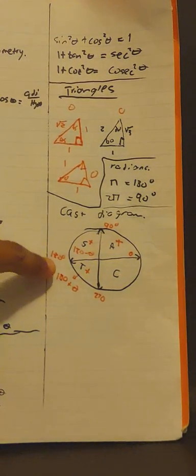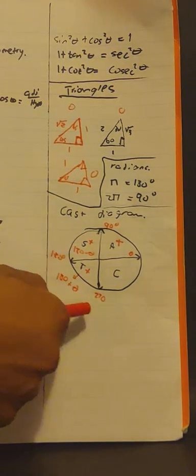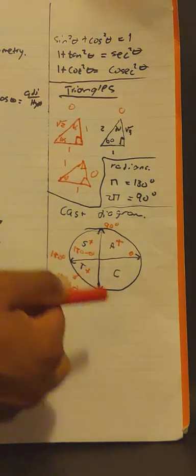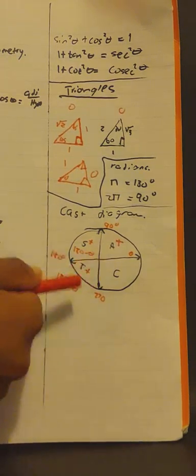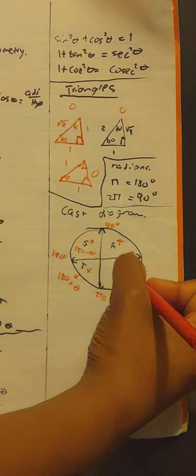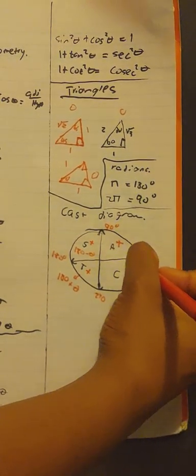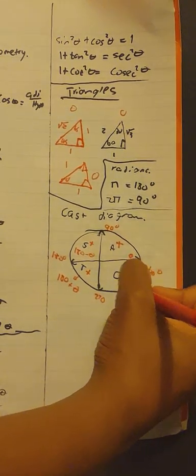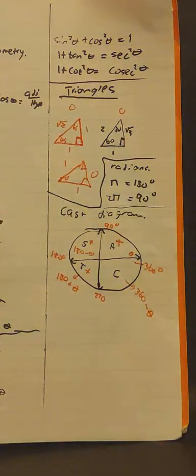Anything that is above 180 is on this side, and we are going to add theta. On this side we subtract, and on this side we add, and this side is between 270 and 360 degrees, where we always say 360 minus theta.